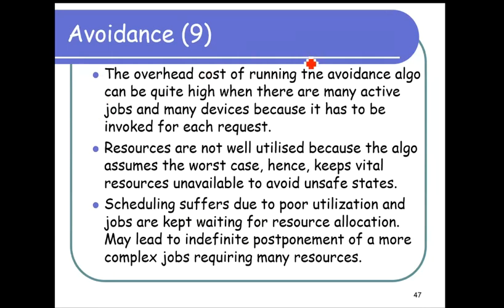So the overhead cost of running an avoidance algorithm can be quite high. Of course you can just let it run, but if you want to avoid a deadlock or starvation, there is this overhead. This is your normal code.